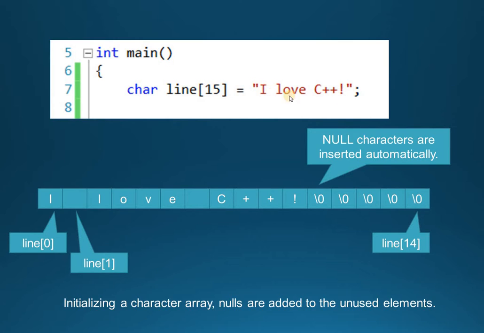Don't forget, a space is a character. So this is how the array looks: I love C++, and then you have 5 null characters at the end that are automatically put there when you initialize with the string. Very handy.